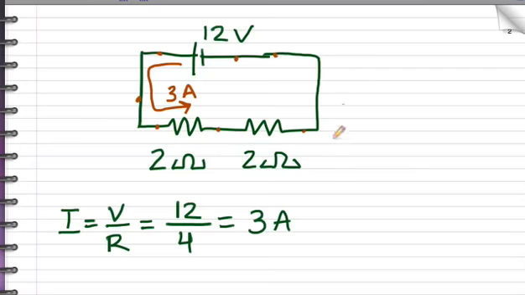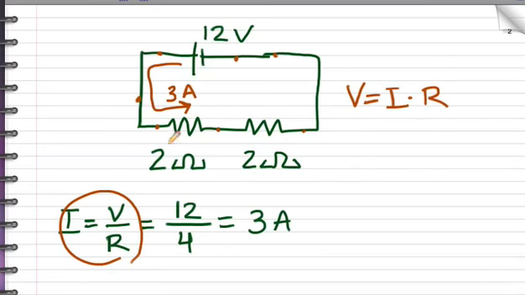Now, if I want to calculate the voltage of the individual resistors, I can use Ohm's law again. If I rearrange this, I get voltage equals current times resistance. So to find the voltage of an individual resistor, I multiply its current, 3, by its resistance, 2, and I get 6 volts.